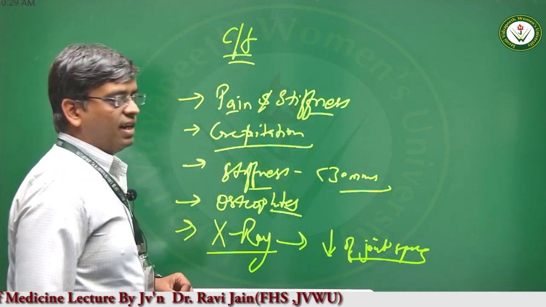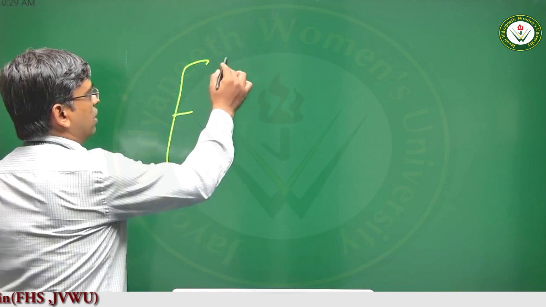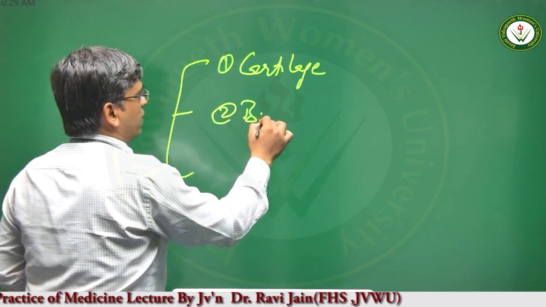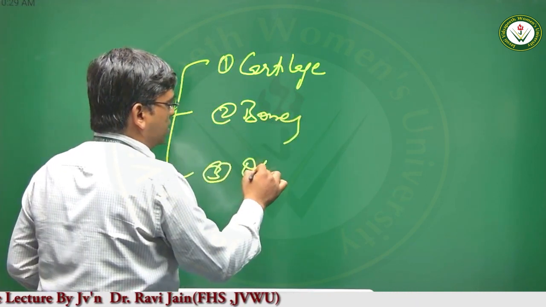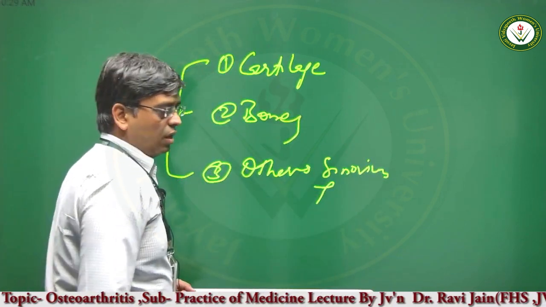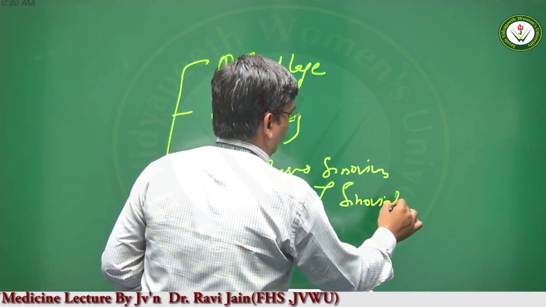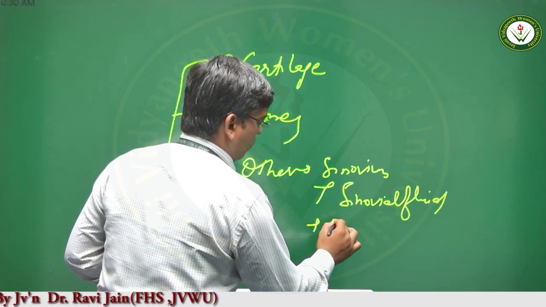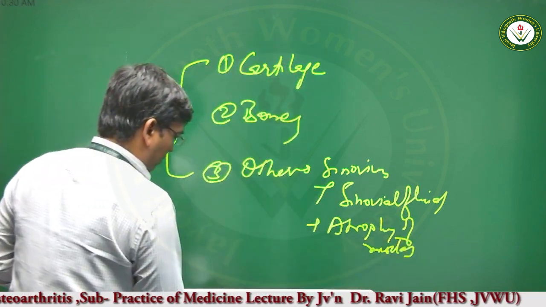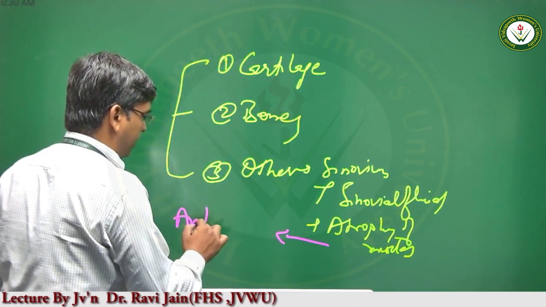Now these clinical features can be elicited on the basis of three parts: the changes with the cartilage, the changes with the bones, and the other changes, which include the changes of the synovium plus the changes in the synovial fluid, plus atrophy of the muscles. Because of the atrophy of the muscles, this leads to the development of antalgic gait.